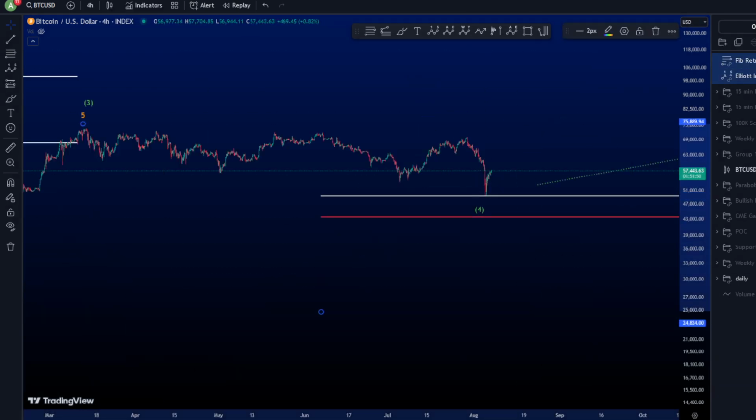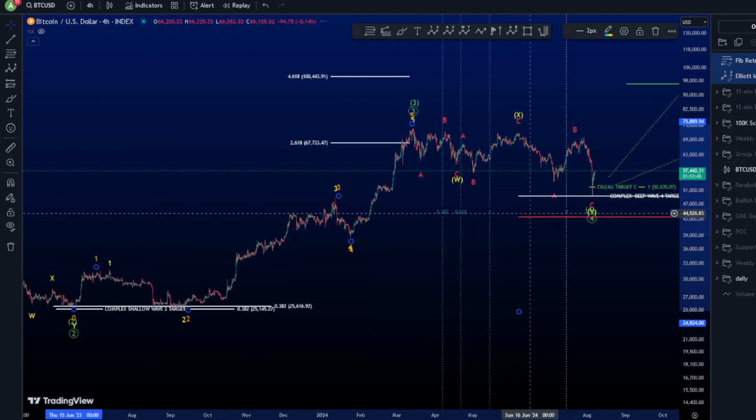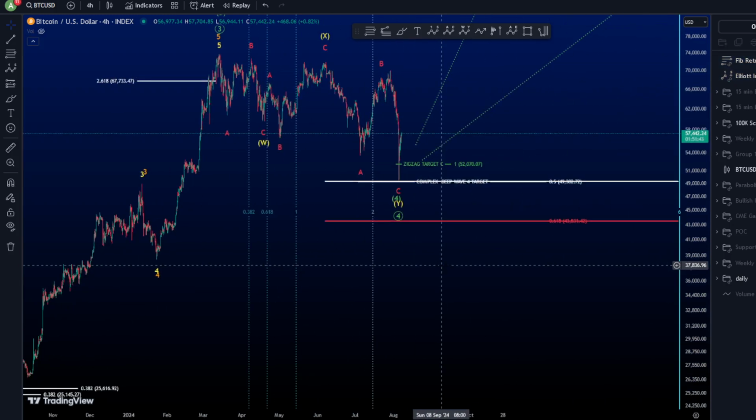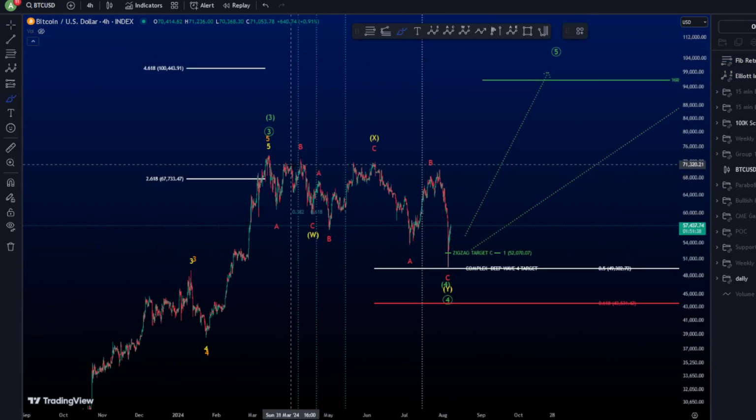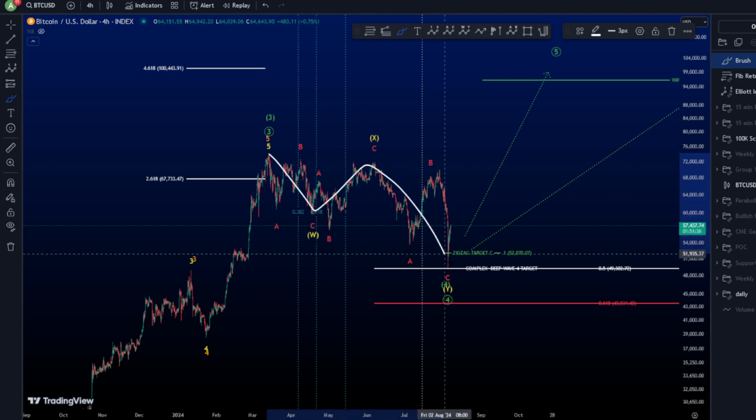And in the 4-hour chart, we can see exactly the scenario where we have talked about the correction of the wave 4. We can see exactly in the wave 4 a WXY, right?